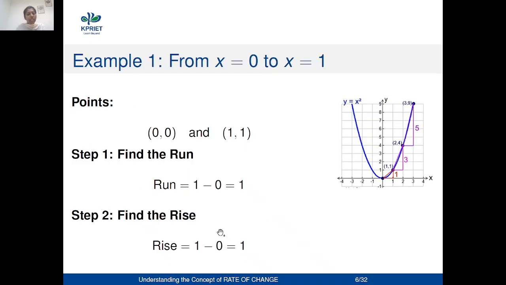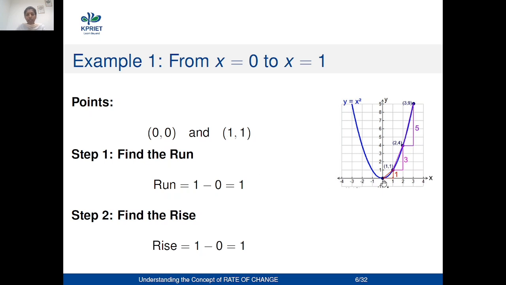Now let us understand this rise and run with a simple example from the point x equal to 0 to 1. Consider the points (0, 0) and (1, 1). For the function y equal to x square, at x equal to 0 the function gives 0, and for x equal to 1 the function gives 1.